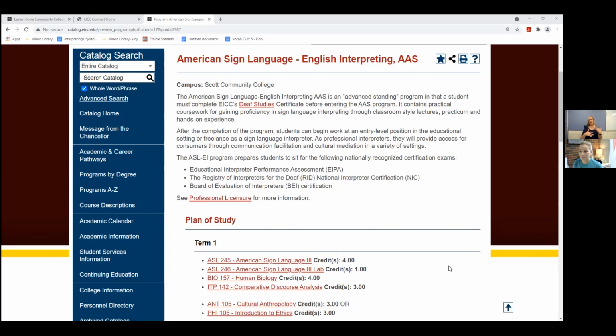If your gen eds from another degree align with the gen eds from our program, our registrar here takes a look at those and they transfer in. So if you've taken coursework at a college that matches up with our gen ed requirements, know that if they match up with our descriptions and our goals for your understanding, those will transfer in and you do not have to retake those.